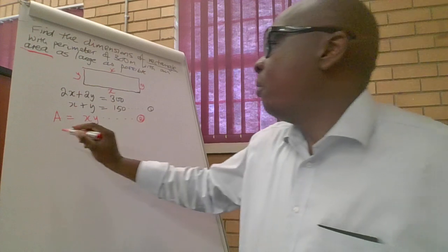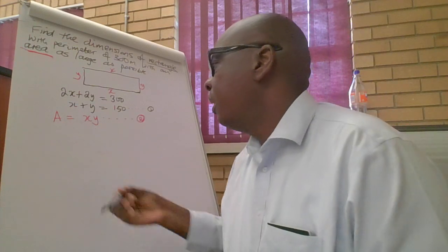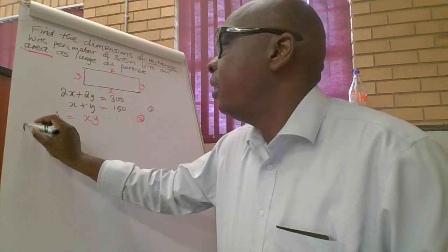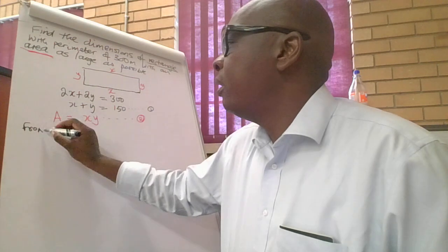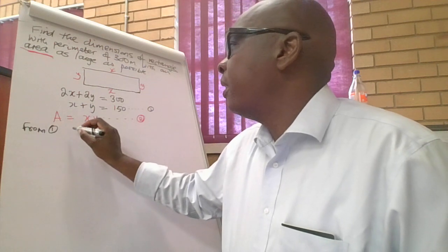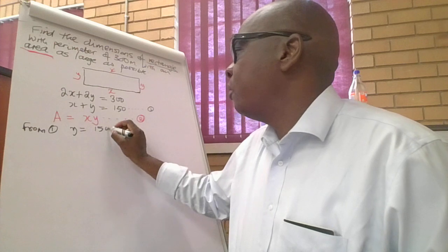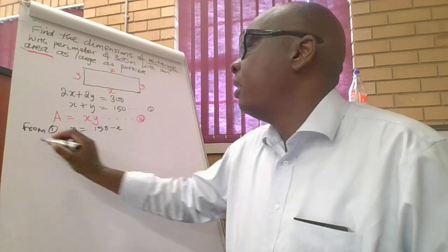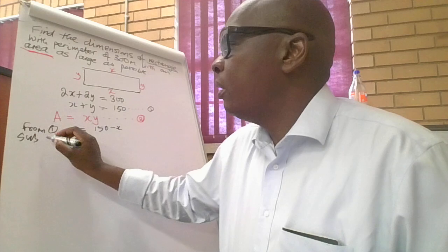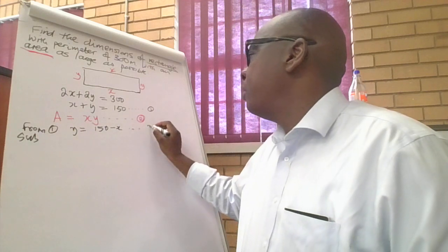So from equation number one, I can see that y can be made subject such that y is equal to 150 minus x. Let's call this equation 3.